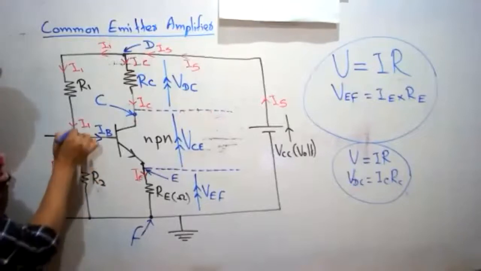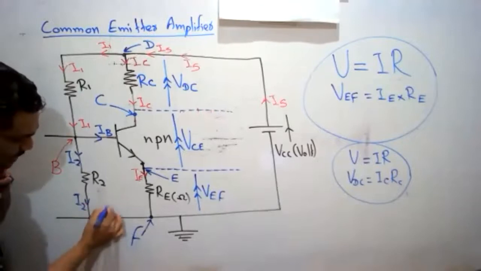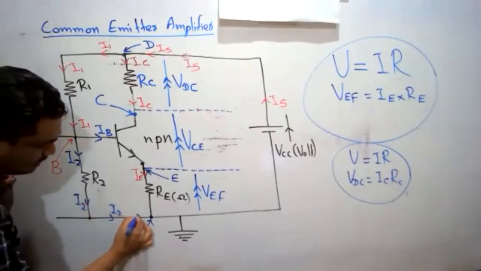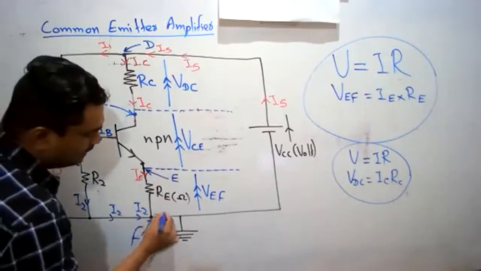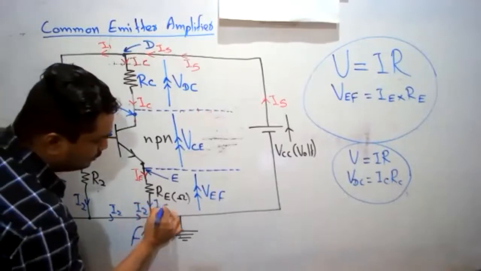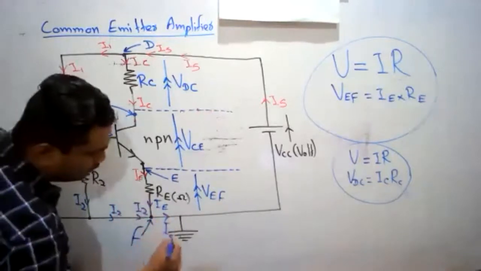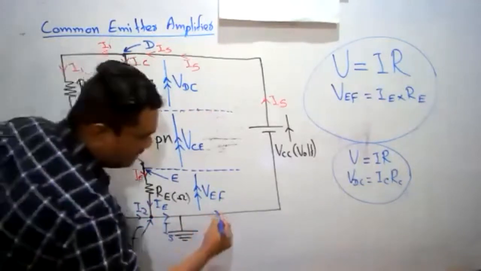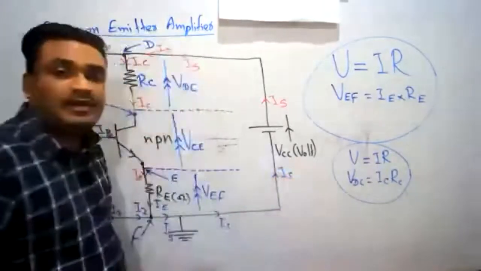I2 current flows through this resistor and reaches the point F like this. IE plus I2 is IS. I can prove all these things. And this IS current flows back to the positive terminal of the battery.